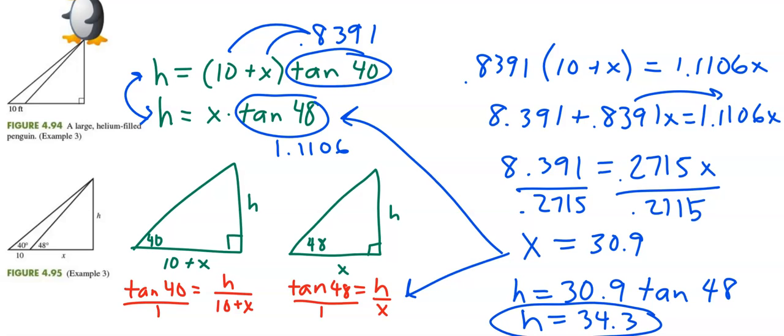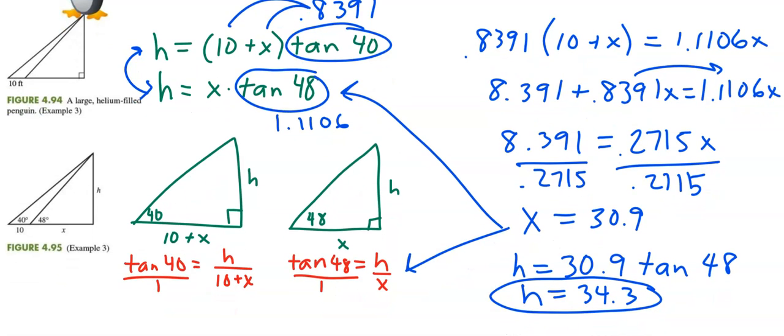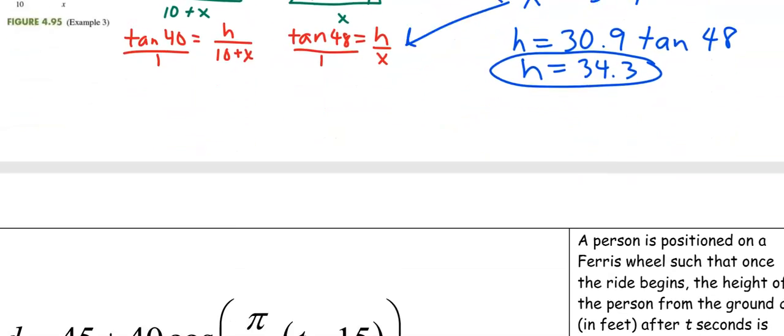That's how high the penguin was off the ground. Trust me, it looks a lot better if you just go ahead and distribute those decimals in there than if you start writing tangent 40, tangent 48 everywhere.